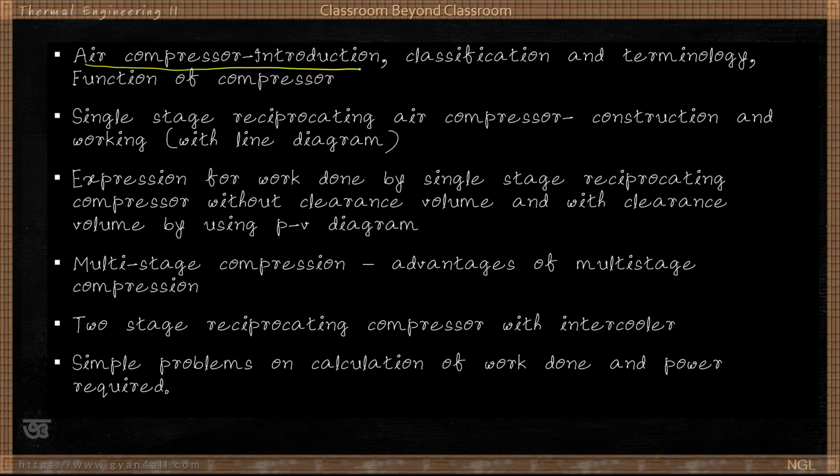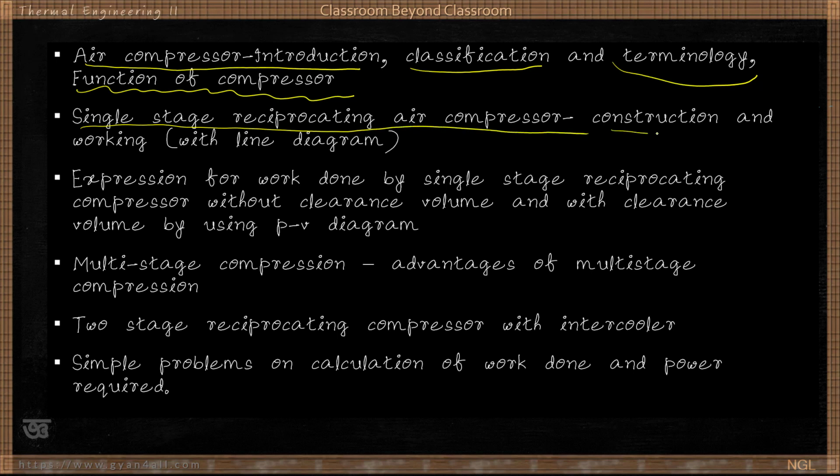Air compressor introduction, classification, and some terminology, like free air delivery, multi-stage, single stage, intercooling, this type of things. And function of a compressor. What is the function? It takes in air, compresses, and delivers, in simple words. Then we have discussed single stage reciprocating air compressor, its construction, with line diagram.